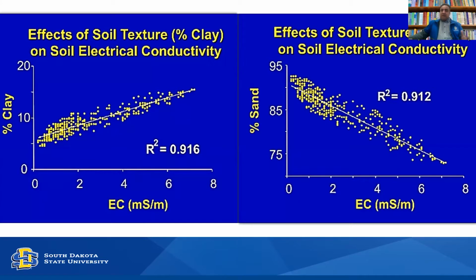The finer particles of clay conduct more electricity than the coarser silt or sand particles. So if we have a higher percentage of clay, we will get a higher EC reading. And if we have a higher percentage of sand, we will get a lower EC reading.